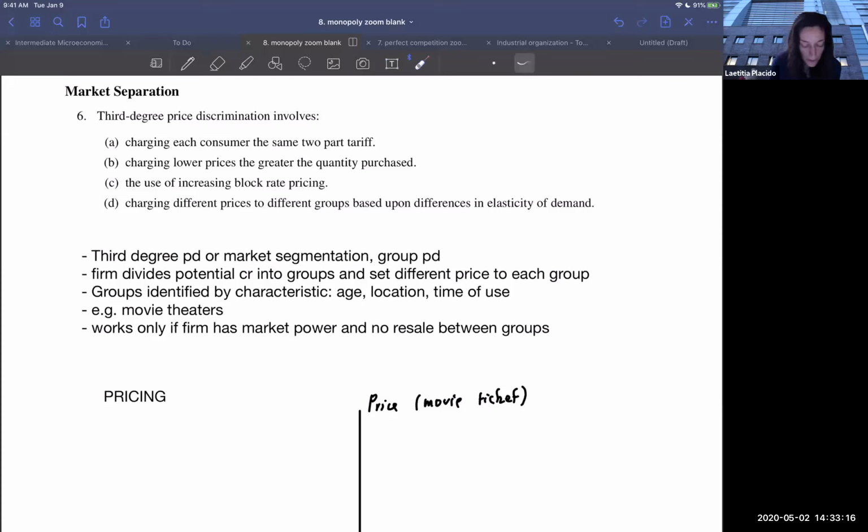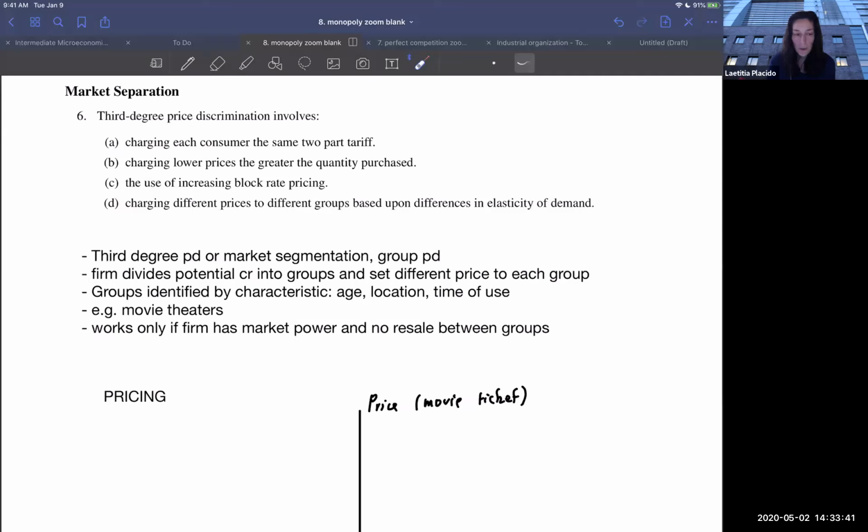So first, third degree price discrimination, it's also called market segmentation or group price discrimination. Okay, PD stands for price discrimination. So the idea here is that the firm is going to divide its potential consumers into groups, and it's going to set a different price for each group.